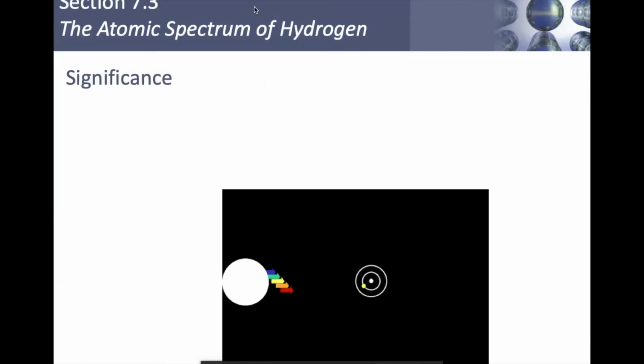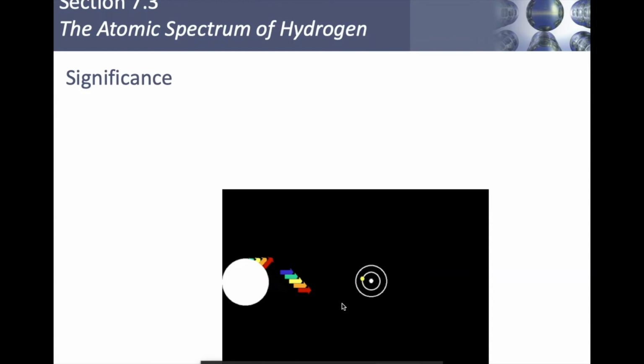So the significance is this. Let's pretend that I have a hydrogen atom right here. Actually, this isn't a hydrogen atom necessarily, but let's say it's any atom, and I am shooting it with a bunch of energy. And so when I shoot the energy at it, what's actually happening?